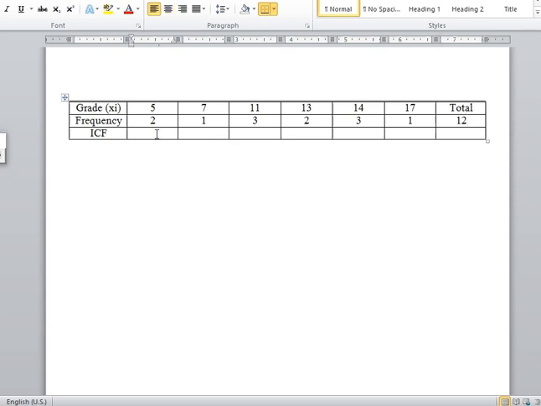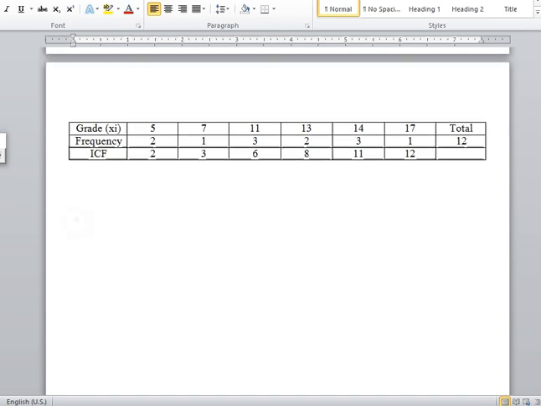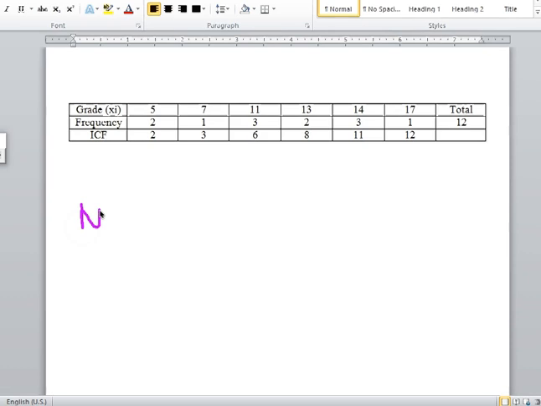Now find the increasing cumulative frequency, so you bring down the 2, then 2 plus 1 is 3, 3 plus 3 is 6, 6 plus 2 is 8, 8 plus 3 is 11, and 11 plus 1 is 12, which is equal to the total frequency. So this is my increasing cumulative frequency. Now you have to find, like previously, n over 2, so the total frequency divided by 2. My total frequency is 12 divided by 2, which is 6.